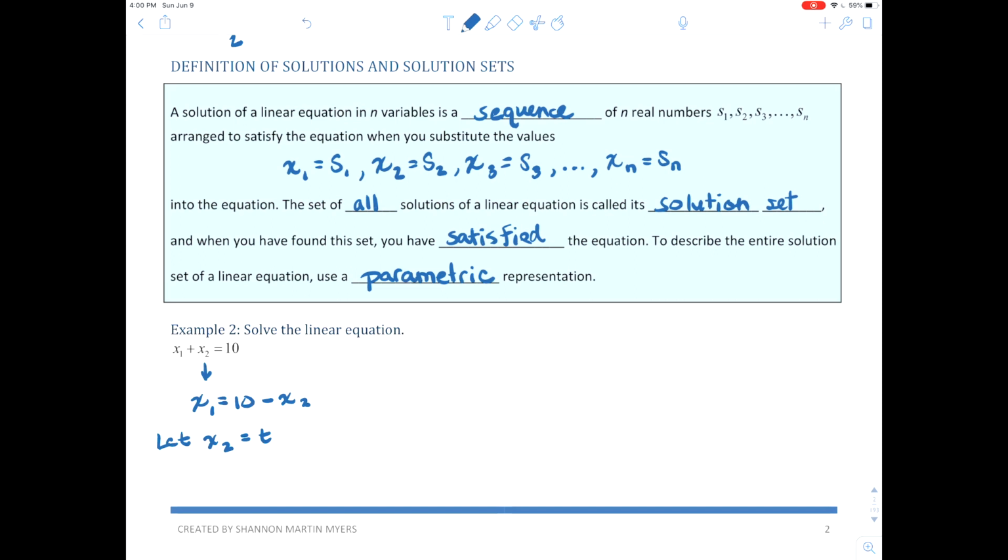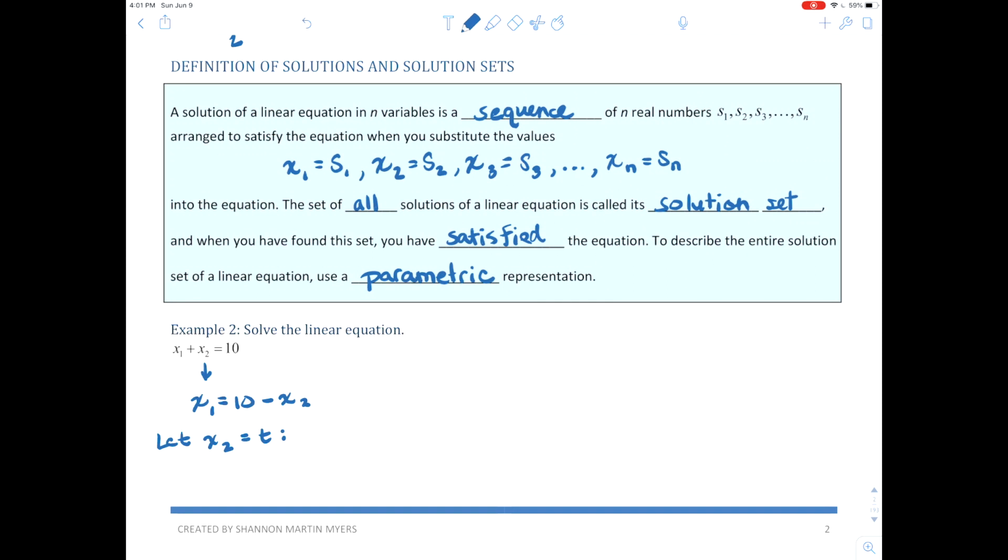If we have two parameters, they're often named s and t. Three parameters are s and t, etc. So that's how I will name them. And so if I let x2 equal t, what will happen?